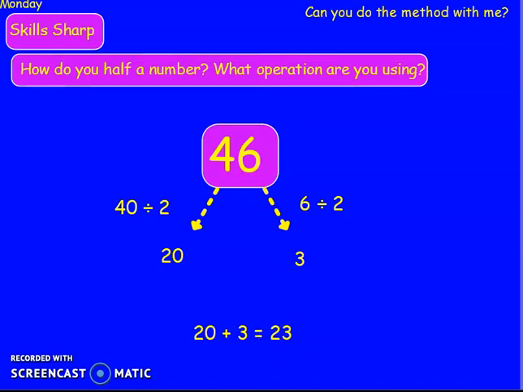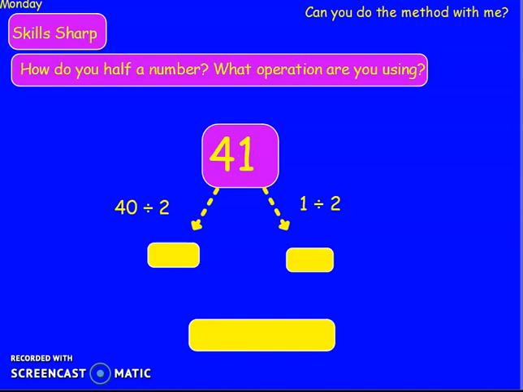Let's have another go. Can you do it with me? I'd like you to write this number in your maths book, making sure each digit has its own square, and draw 2 arrows using your ruler coming off each digit. We've got the number 41 this time. Let's see if we can halve it. So we're going to partition it. We've got 1, 1.